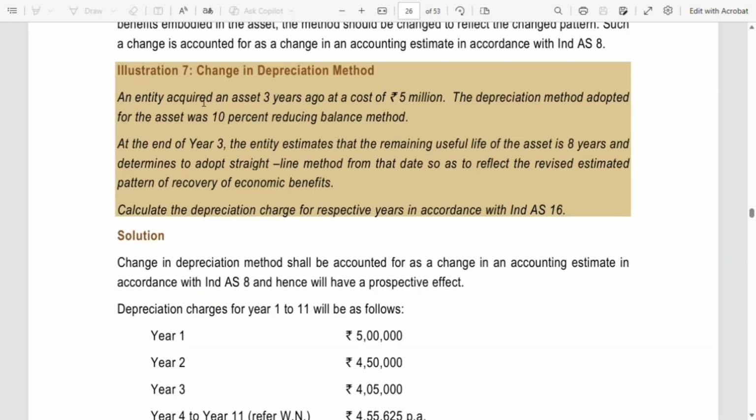An entity acquired an asset 3 years ago at a cost of rupees 5 million.